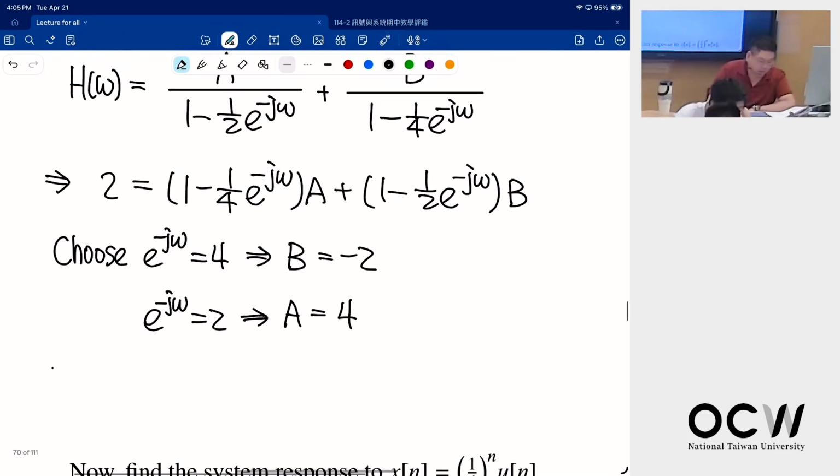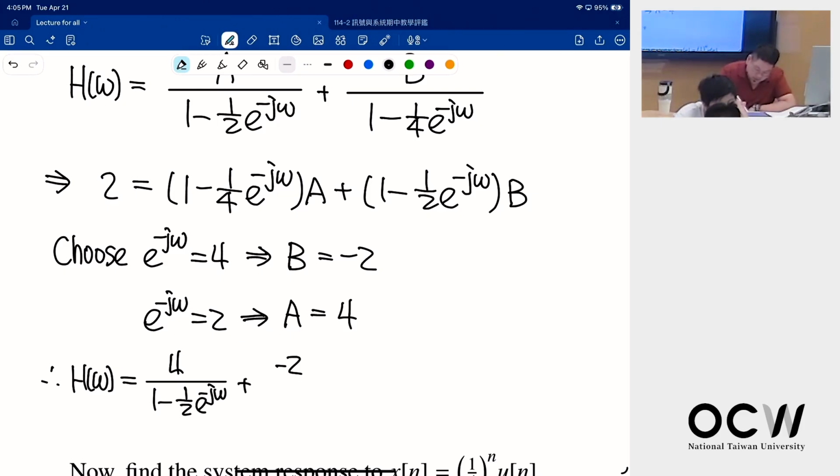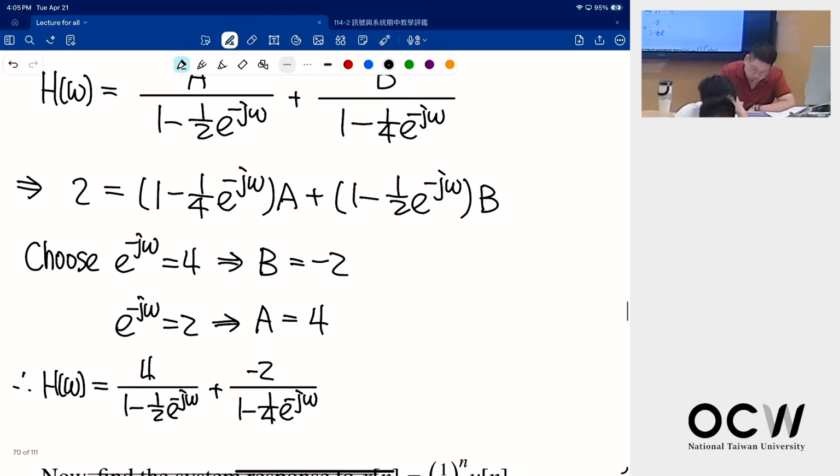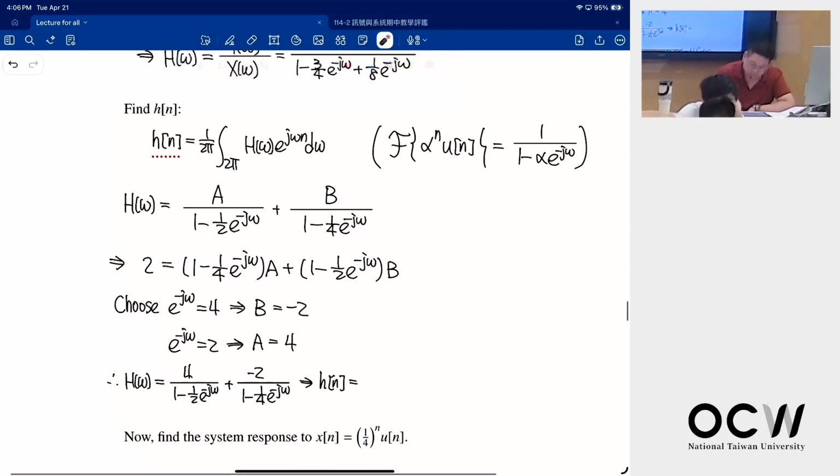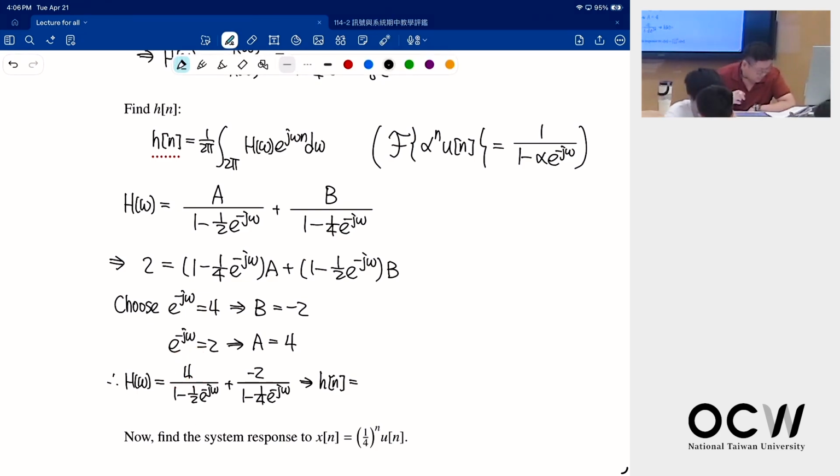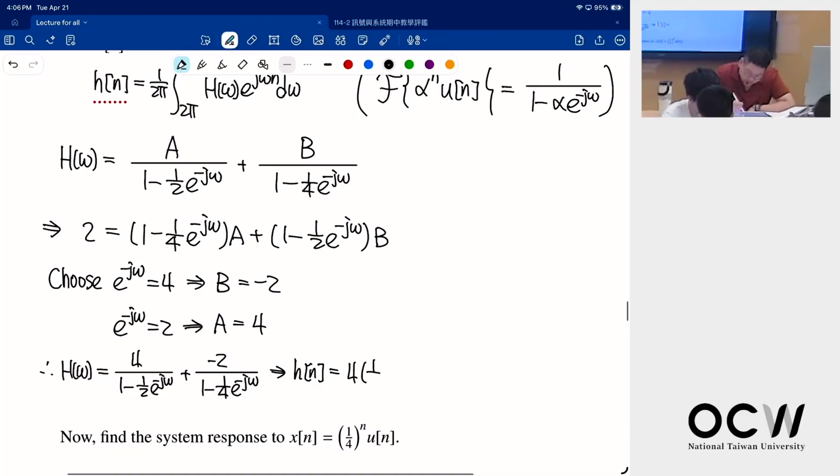Okay, therefore, your frequency response is 4 divided by 1 minus 1/2 e to the minus j omega, and minus 2 divided by 1 minus 1/4 e to the minus j omega, which means that in time domain, based on here, alpha, you have 4 times 1/2 to the n, u[n].